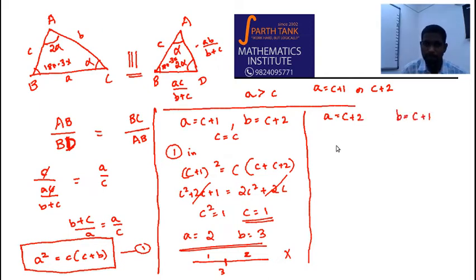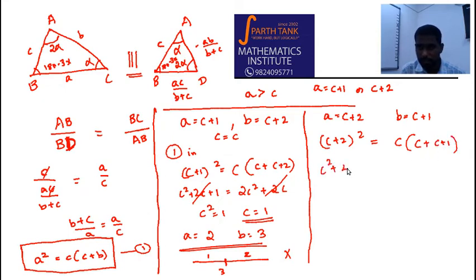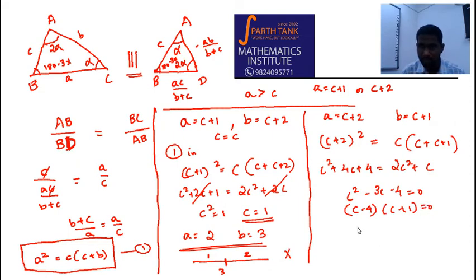Now this would give us C plus 2 the whole square, substituting in the same equation 1. C plus 2 the whole square is C into C plus 1. Now this would give C squared plus 4C plus 4 is 2C squared plus C, or rewriting, C squared minus 3C minus 4 is 0, or C minus 4 into C plus 1 is 0, which implies C is equal to 4 or minus 1.